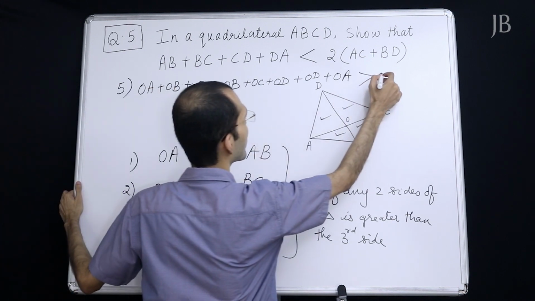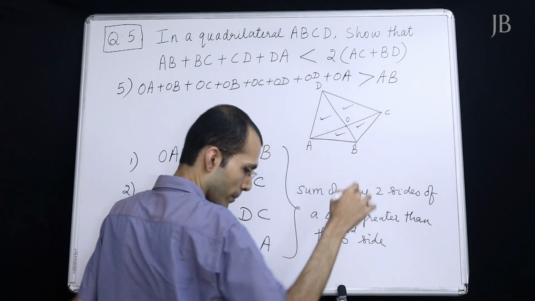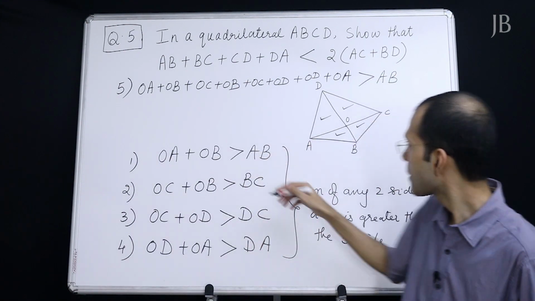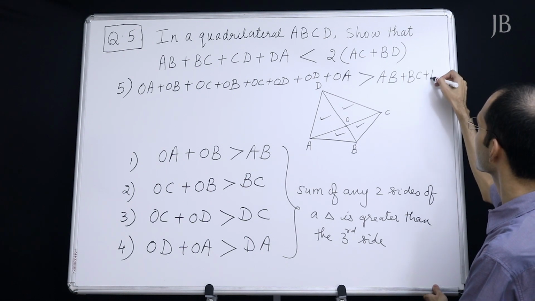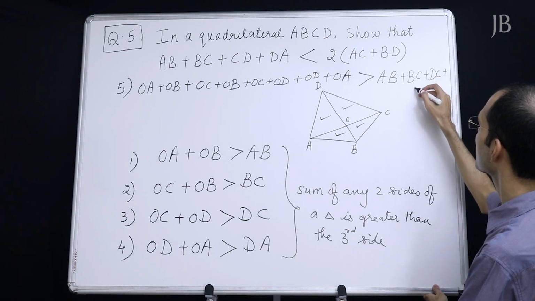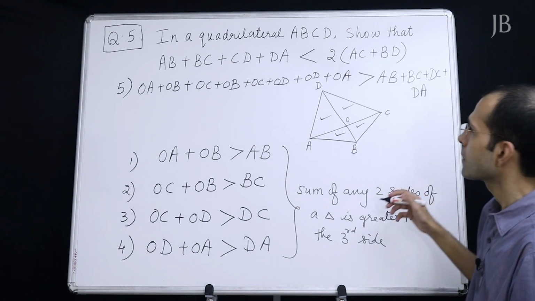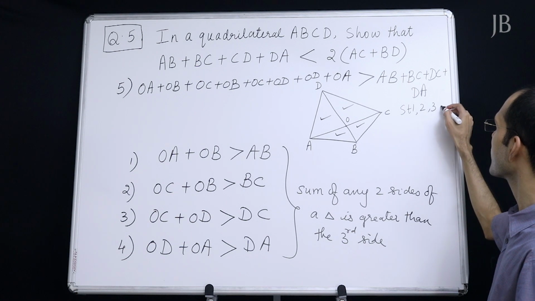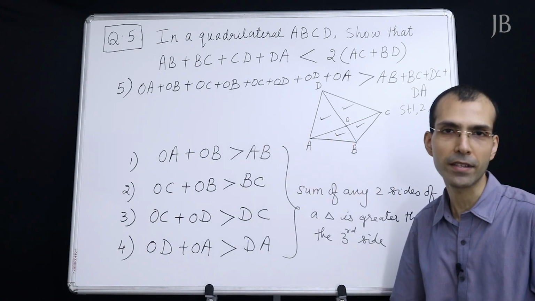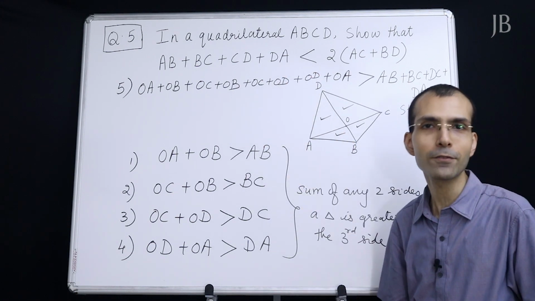So here we will have greater than AB plus BC plus DC plus DA. Here the reason will be statement 1, 2, 3 and 4. We have simply added everything because the question demands so.